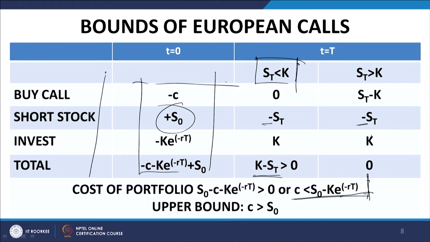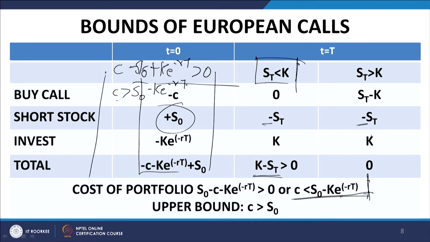Cost of this portfolio must be positive means C minus S naught, because S naught is an inflow, plus K e to the power minus R t must be greater than 0, or C must be greater than S naught minus K e to the power minus R t.